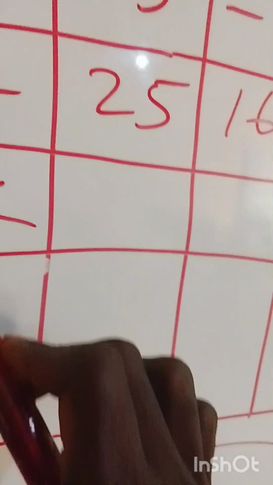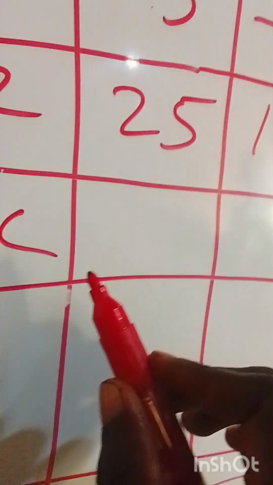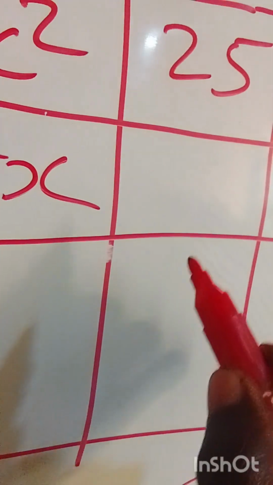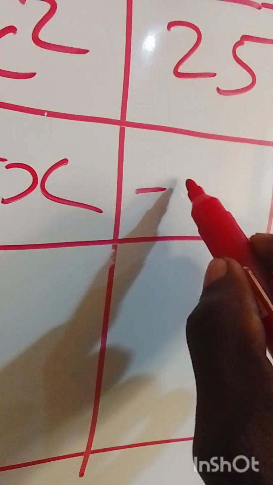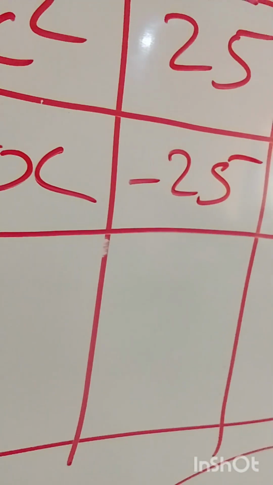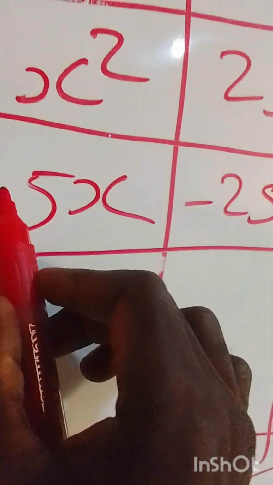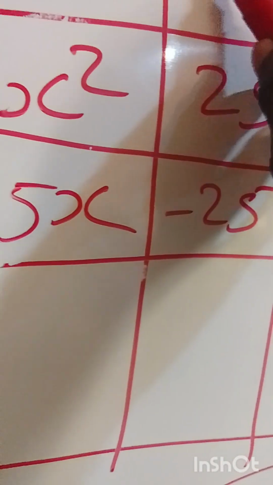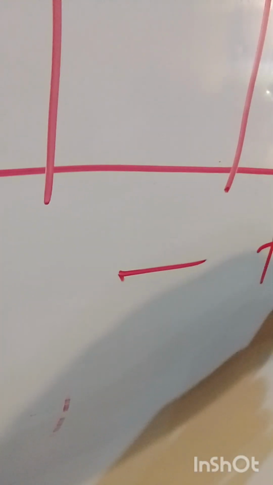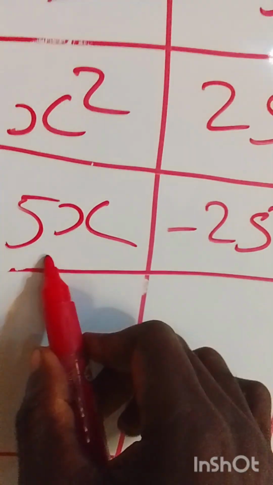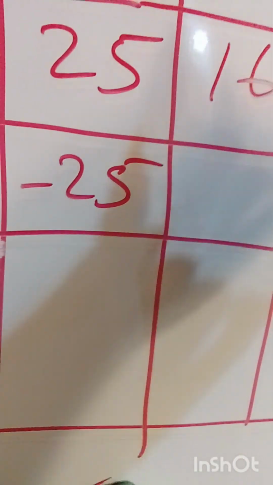Now, let's go this way. 5 times 5 is minus 25. Where do we get our minus? This one is plus 5. This one is minus 5. So plus times minus is minus. That's why our answer is in negative form. Now coming back to the next column, we have 5 times minus 4.